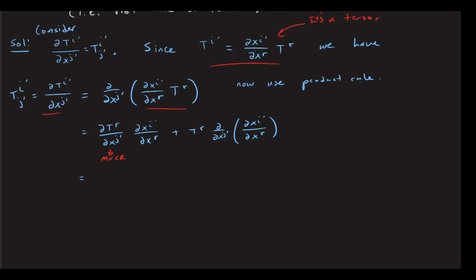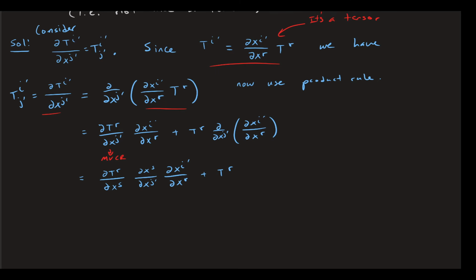We could say partial T_r over partial x_s, times partial x_s over partial x_j', times partial x_i' over partial x_r, plus T_r. And now I want to differentiate primed with respect to primed, so we actually go through the unprimed coordinate system again.